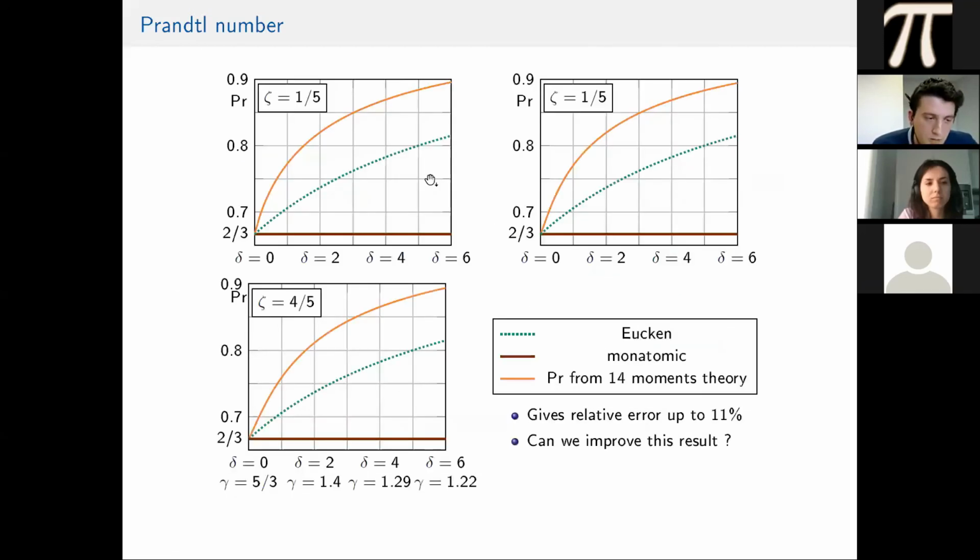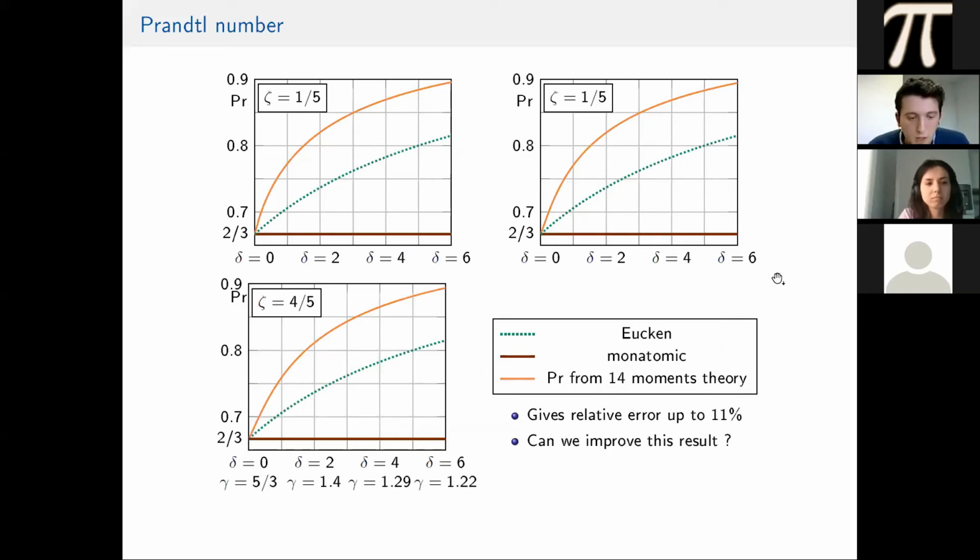On the next slide, I plotted this for some values of psi. And you can see that this is good, up to 11%. You see that this green dashed curve is Eucken, and this one is the Prandtl number from our moment theory.